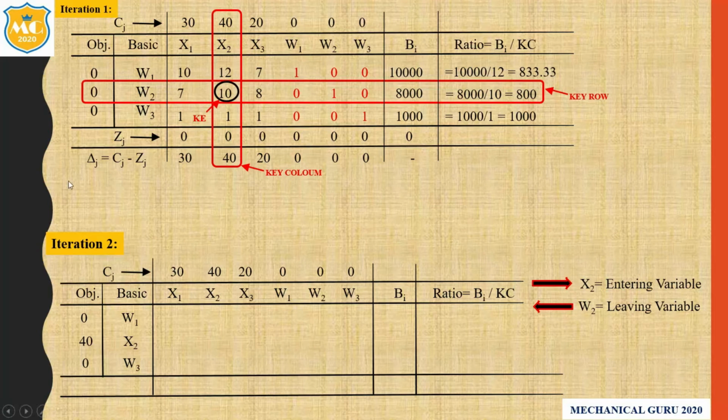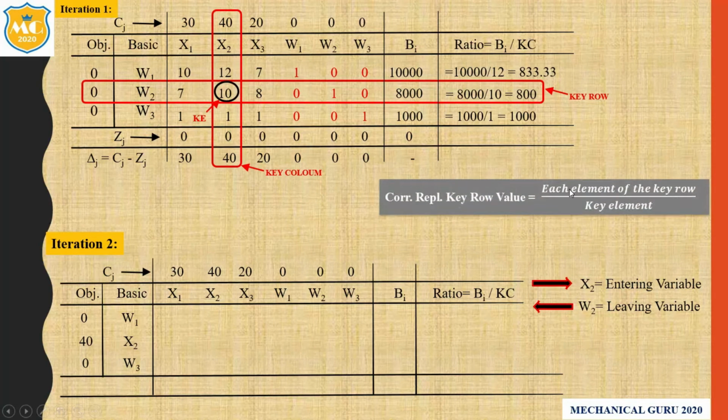Now next we have to find the remaining values. First we have to find the key row values. How to find the key row values? We choose this equation: the corresponding replacement key row value is equal to each element of the key row divided by the key element.